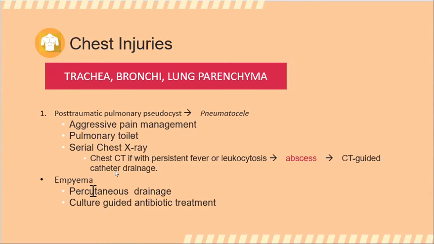Decortication is the process for when an empyema, abscess collection, or pleural effusion in the lung caused by infection coats the lung like a film, a fibrinopurulent film that prevents the lung from expanding. The lung is trapped. So when that is present, even if you place a chest tube, your lung will not expand.